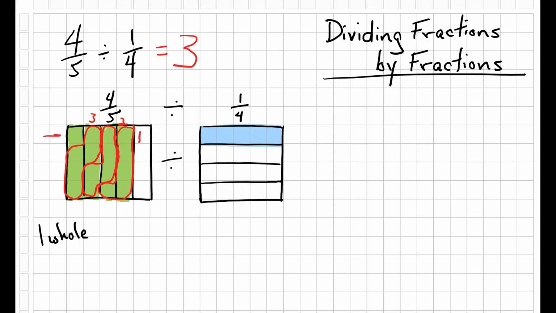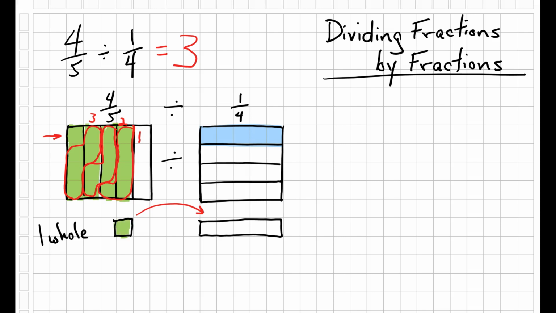And again, here's this leftover part, that one box right there, that I still need to subtract out to get down to 0. I remember I have to express it as a part of 1/4. 1/4 is my divisor.